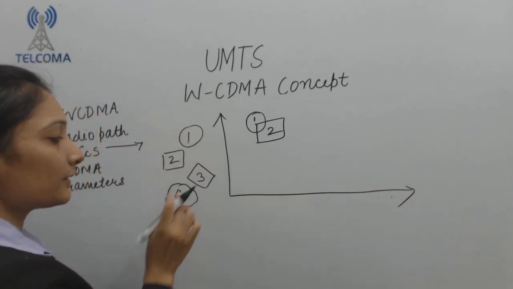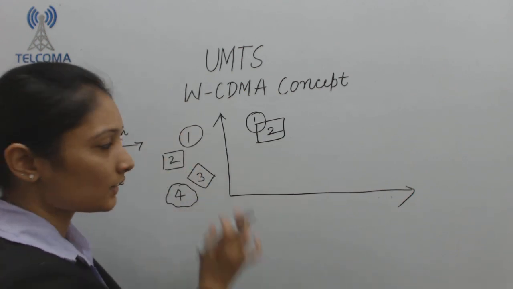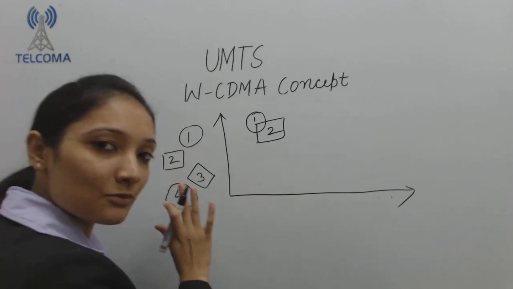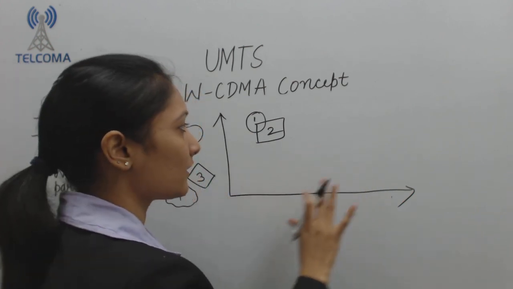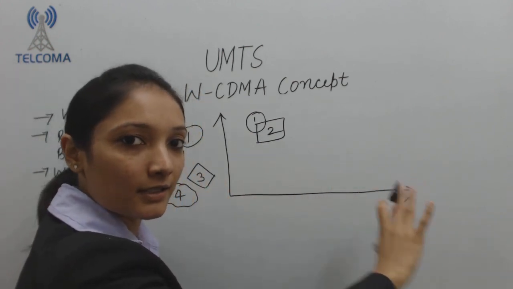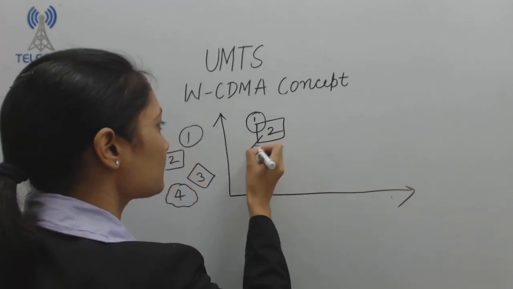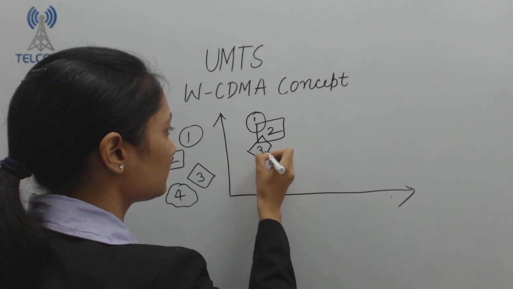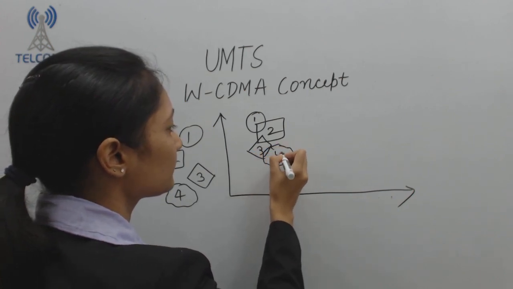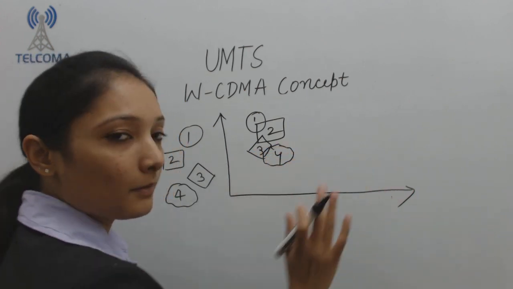Now, these are the different transmissions of different users. These are the different codes. But when I'm transmitting them through a transmitting channel, they will be transmitted simultaneously, because then we will have the spreaded signal. So here they are like this in the path.